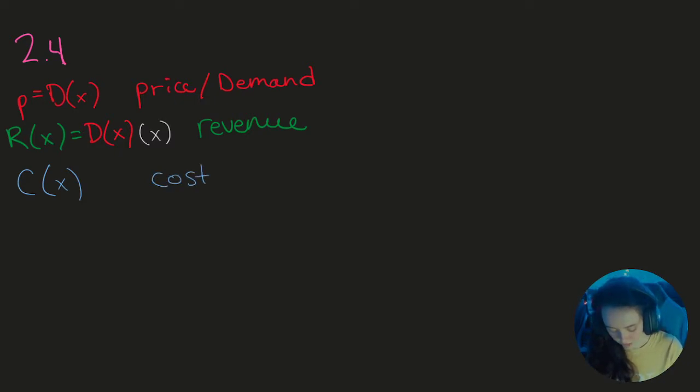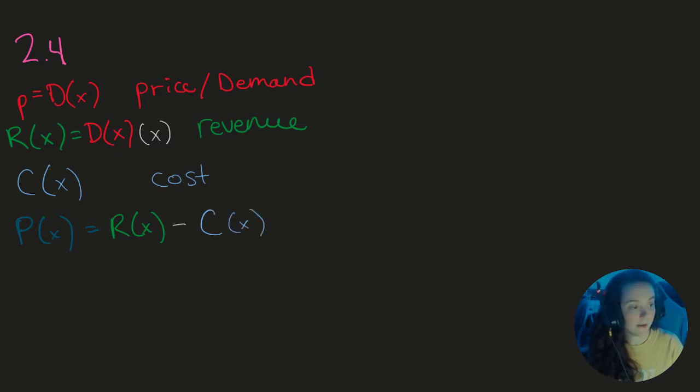Profit function, however, capital P, notice, is going to equal your revenue function minus your cost function. So in order to find some of these things, you'll have to figure out other parts to it.